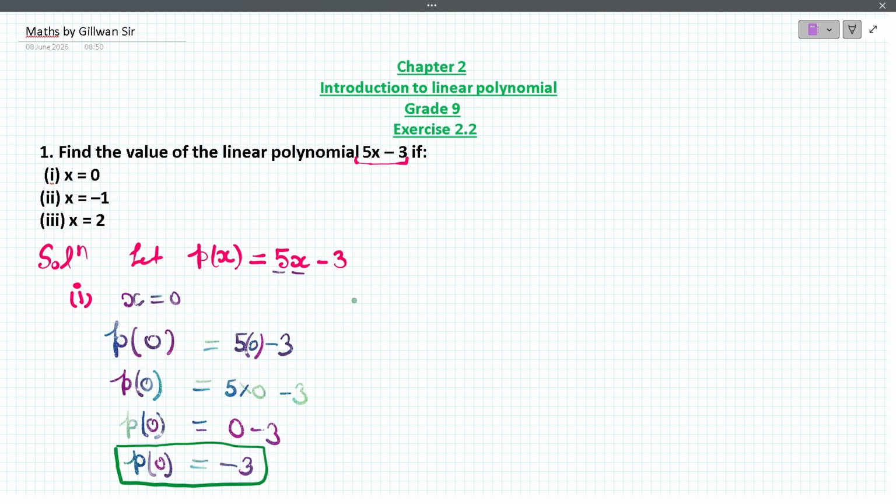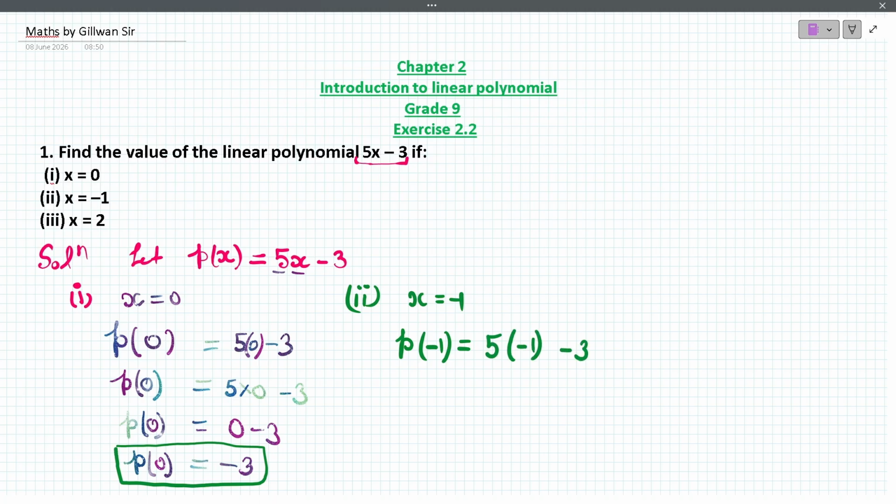Now go for the second part, that x equals minus 1. Now we will substitute minus 1 in place of x in the given polynomial.